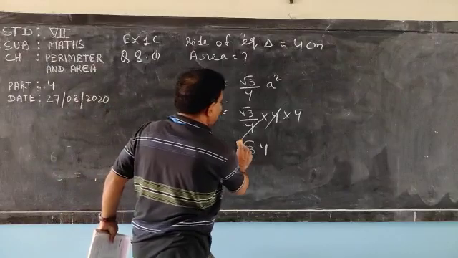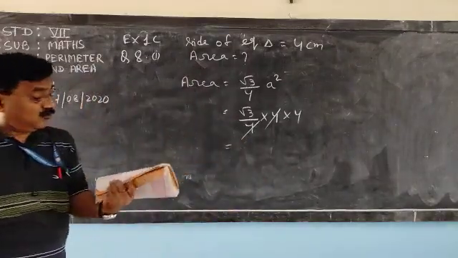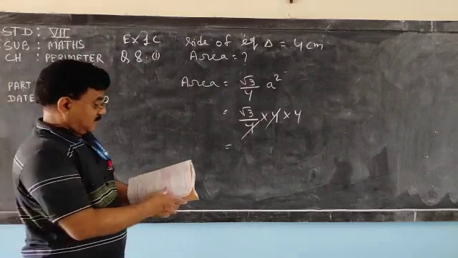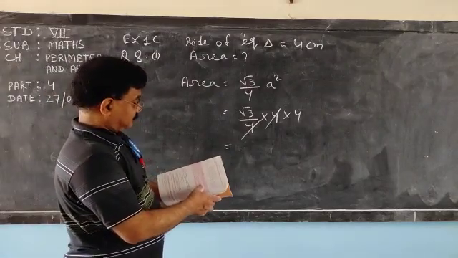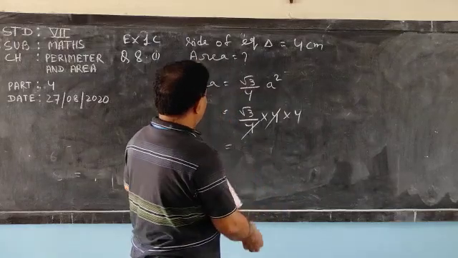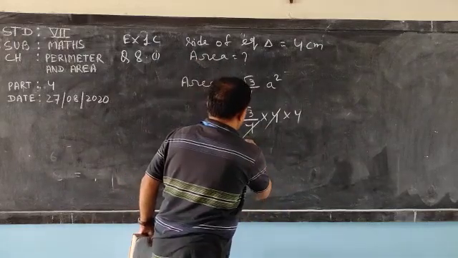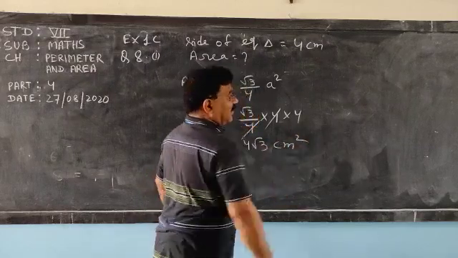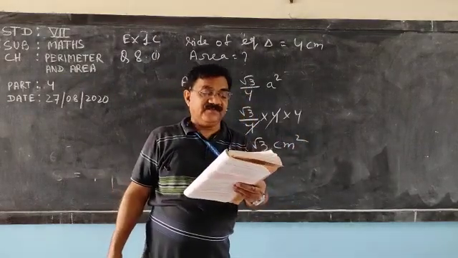This way also you can write. 4 root 3 centimeter square, and that is the answer.